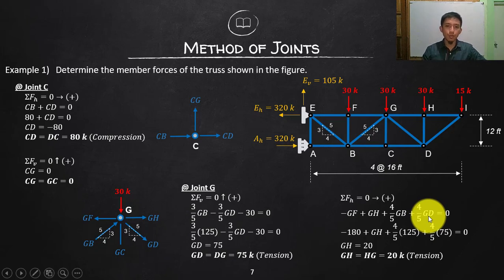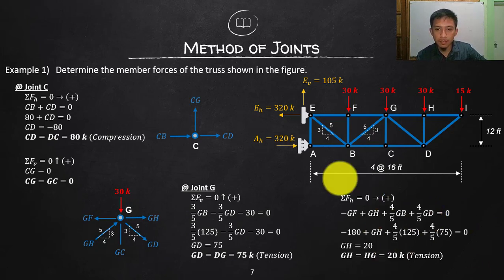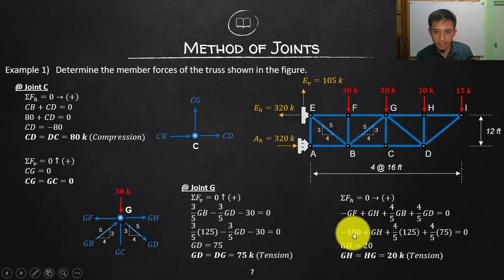So substitute what we know. So GF, we solved that one before, that is 180, so negative 180 since that is a negative. GH, that is what we will be solving. GB, that is already solved previously to be 125. And then GD, that is solved here, which is 75.